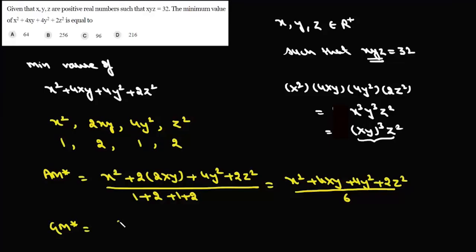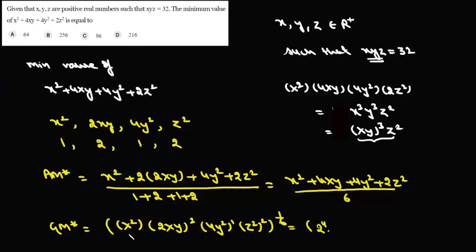Now we can write their weighted GM. It will be x square, and then 2xy whole square, 4y square to the power 1 and then z square whole to the power 1, all to the power 1 by 6. Now it will be 2 square into 4, there will be 2 to the power 4, then x square into x square, x to the power 4, y to the power 4 and z to the power 4 whole to the power 1 by 6.